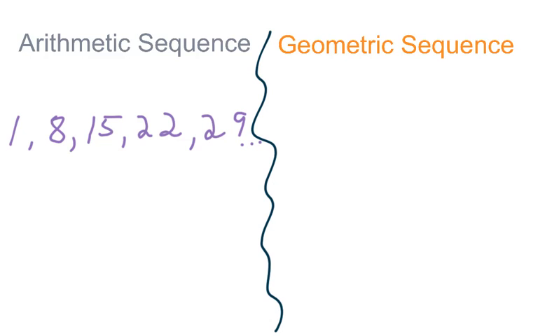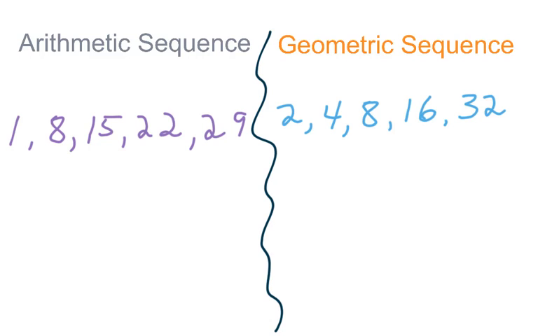Let me pull up a geometric sequence and maybe you can check it out from there. If the arithmetic sequence is to the left, and the geometric is to the right, 2, 4, 8, 16, 32, what difference are you seeing between these two sequences? How are they going up? What are you observing there?